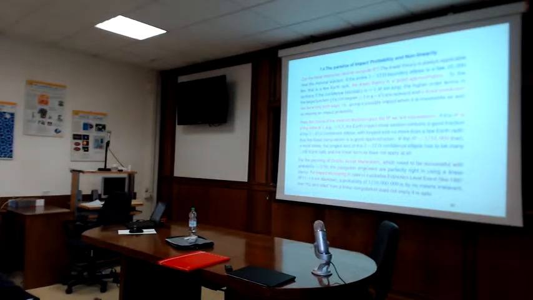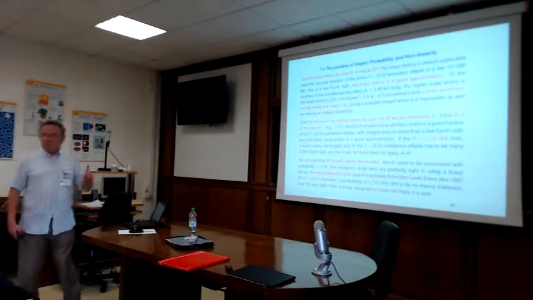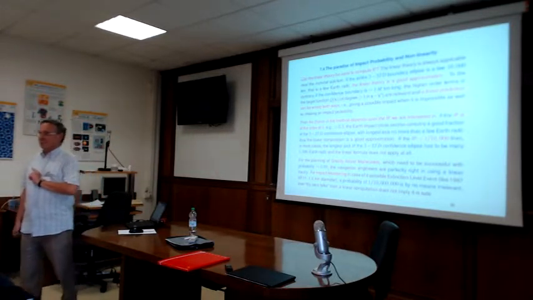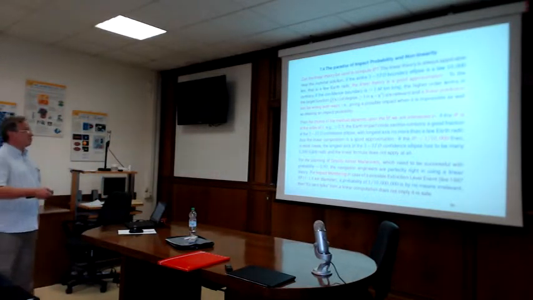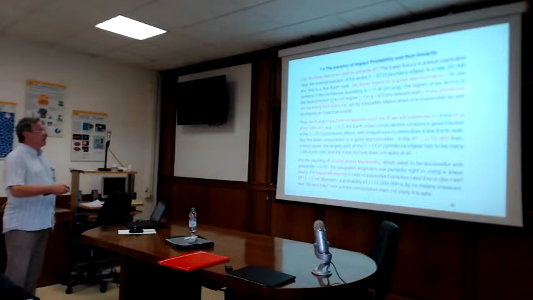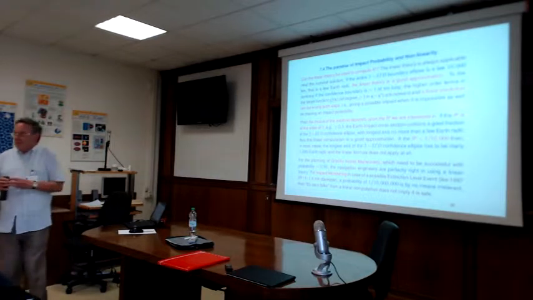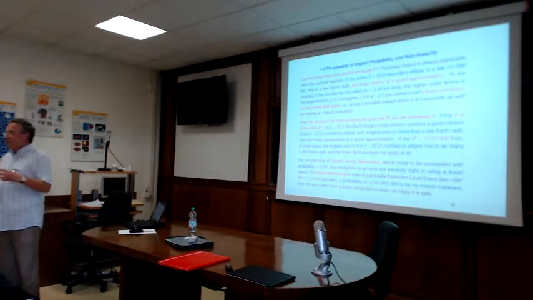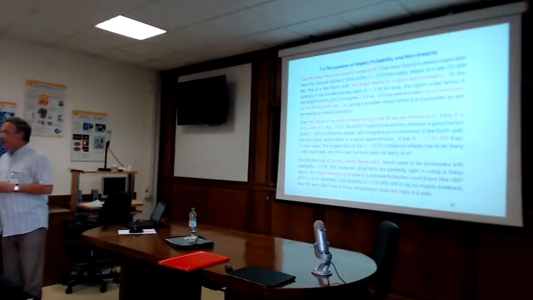This has a very important consequence. The choice of the method you have to use for impact monitoring depends upon the value of the impact probability we are interested in. Because if the probability is close to 1, let's say larger than 0.5, that means 1/2 of the confidence ellipse was inside the cross-section of the Earth.